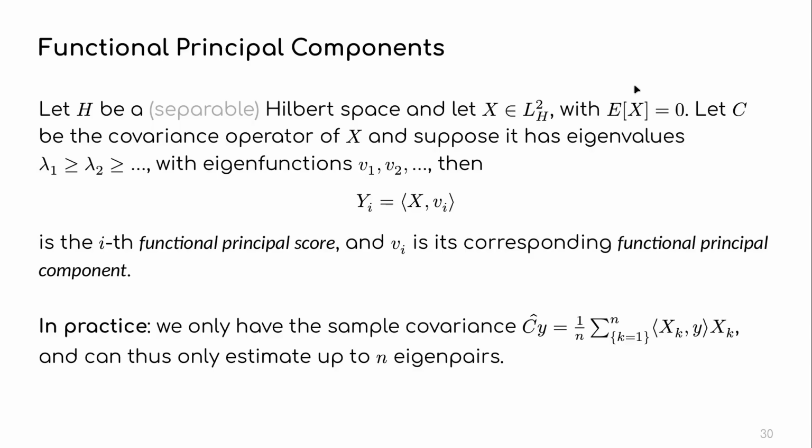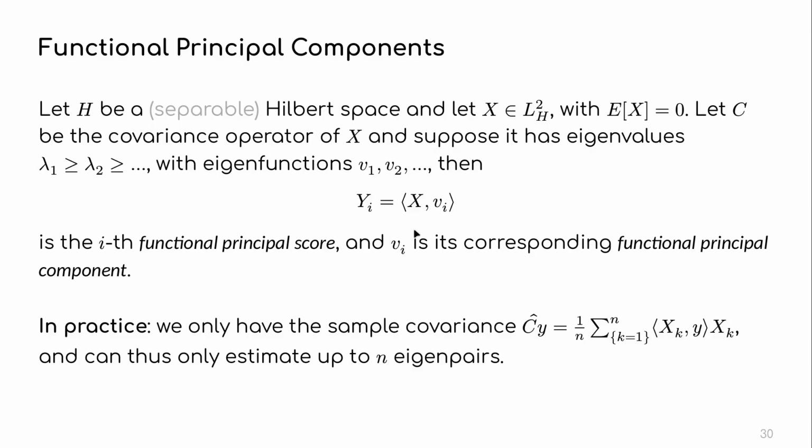Suppose that my covariance operator has eigenvalues and eigenfunctions, which, remember what I mentioned about compact operators, is usually the case. Then I can again define my functional principal component scores as simply the inner product of x with the ith eigenfunction, and then vi here is just going to be the ith principal component.